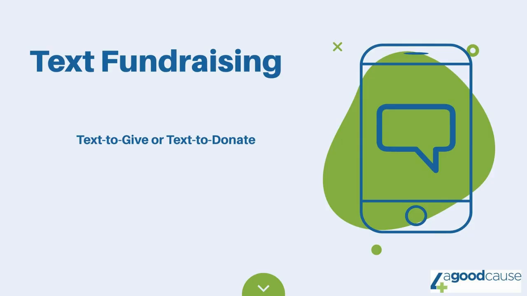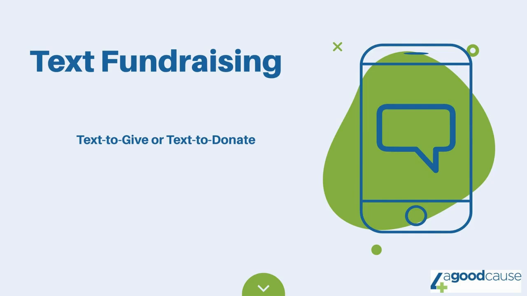So our topic today is text fundraising. Text to donate, text fundraising, it's basically a feature that you can leverage for fundraising through your donors' mobile devices. Text-based fundraising typically comes in two flavors. It's really based on how you're going to collect the money.